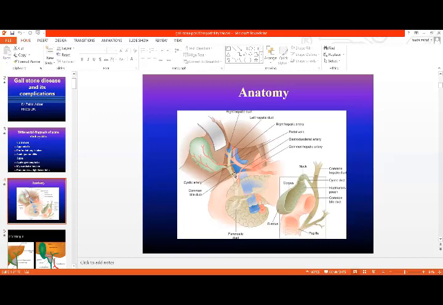As it comes down behind the first part of the duodenum, it goes through the pancreas gland in the C of the duodenum and opens into the second part of the duodenum. There are four parts, the first, second, third and fourth. It opens into the second part at the ampulla of Vater.